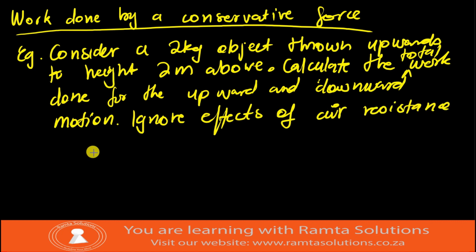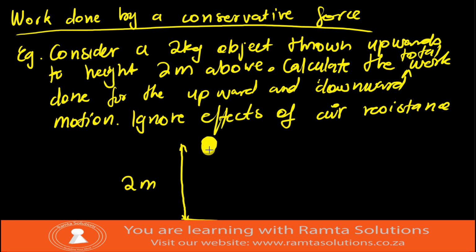So now I want you to consider the situation like this. This is your object. As it goes up, the height here is 2 meters. I don't know what object it is, it might be a ball or a stone, whatever it is.